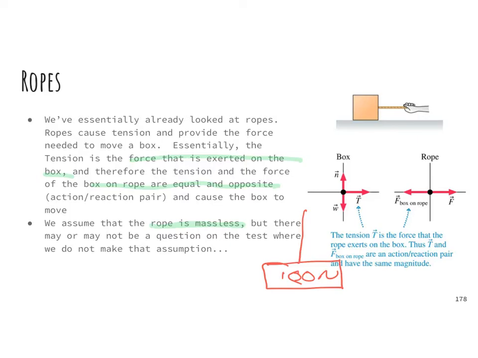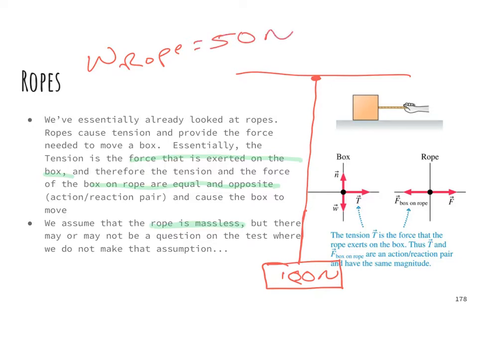And the weight of my rope, let's say it's a really long rope, and the rope is not massless, but the rope is tied off right here, and the weight of the rope is 50 Newtons. I don't remember exactly what the numbers are, but I think this is right. So my question is, what's the tension then in the rope?